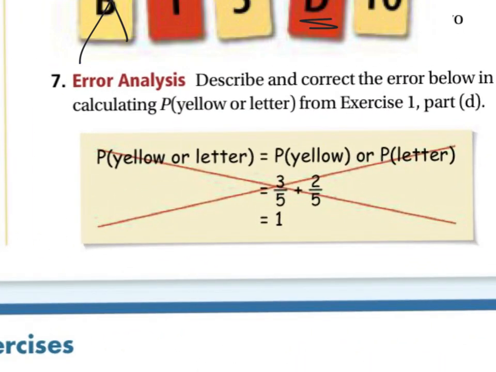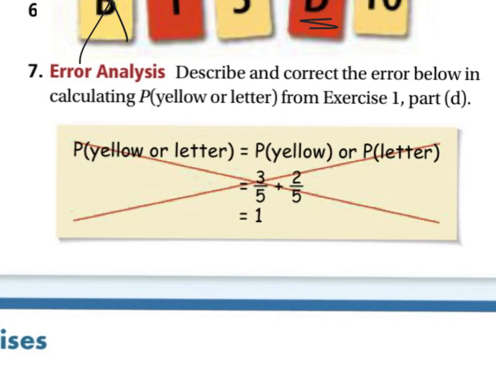All right, so if we go over to number 7, describe and correct the error in calculating the probability of yellow or a letter from exercise 1, part D. So we just did a little bit ago, yellow or letter, and we came up with 4/5. They came up with 5/5 or 1.